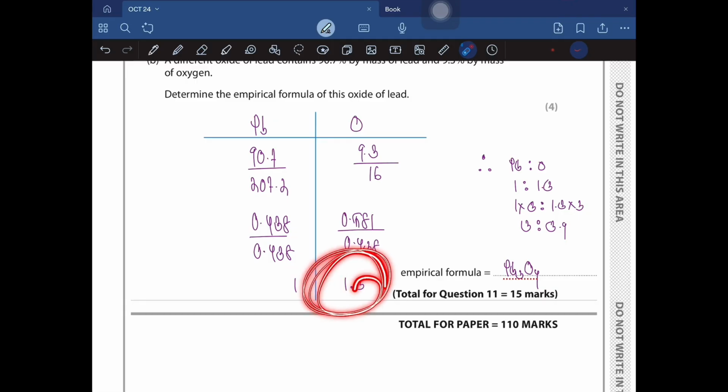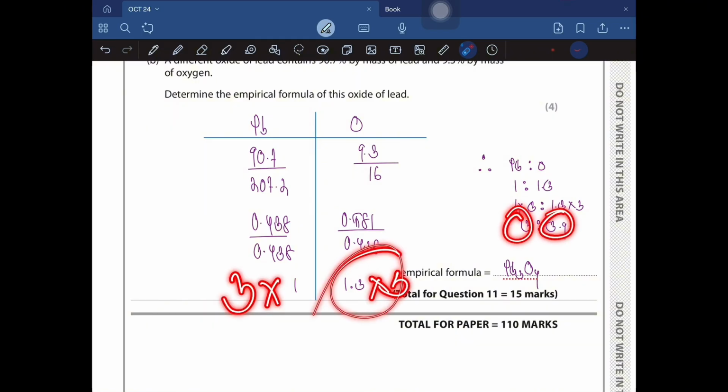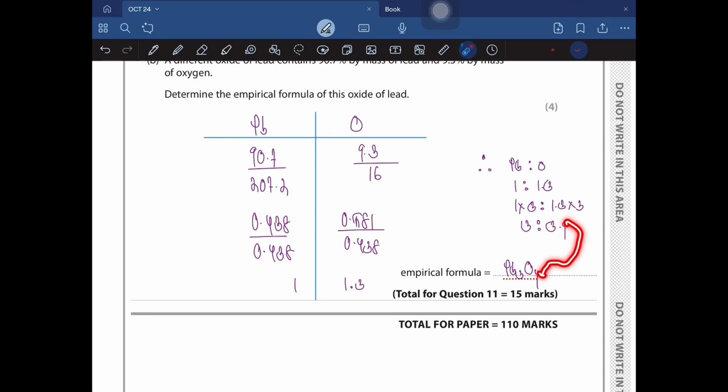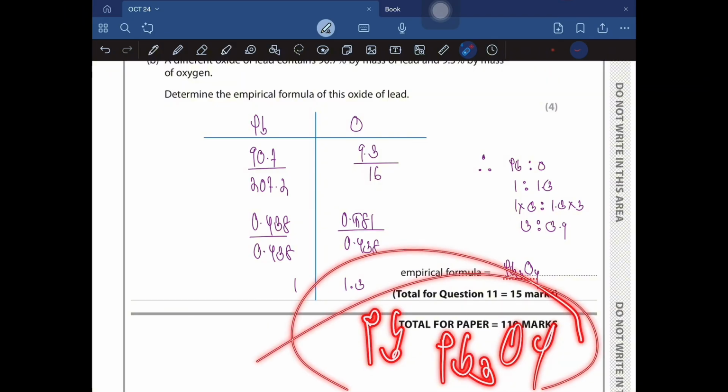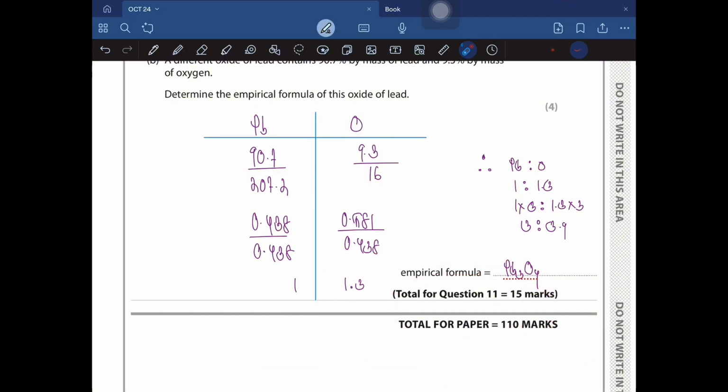Now this isn't a whole number, so how do I convert it into a whole number? I multiply this with 3 and this also with 3, right? So I get 3 is to 3.9, so 3.9 is approximately 4, so it should be Pb3O4, right? All right, so that brings us to the end of this paper.